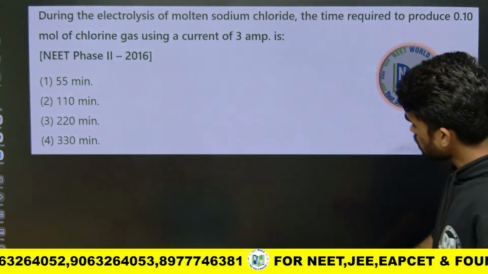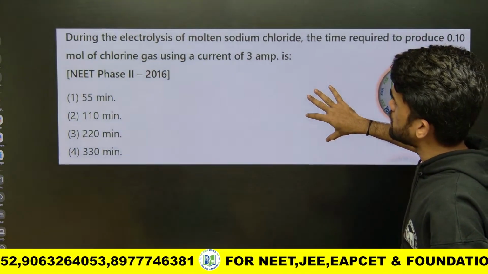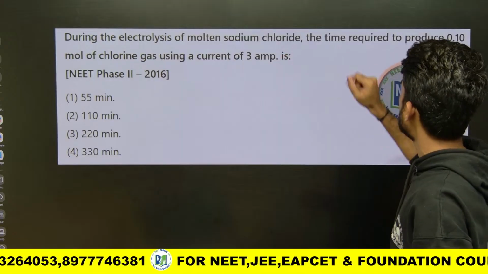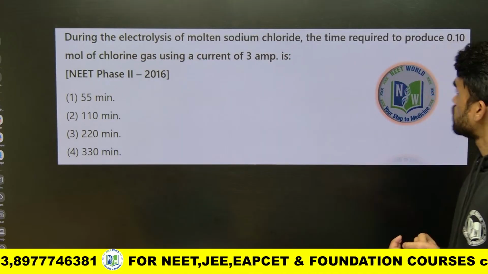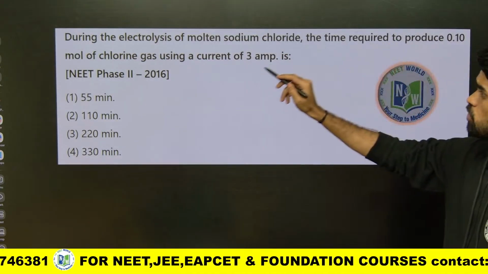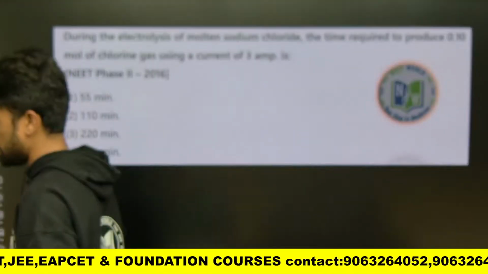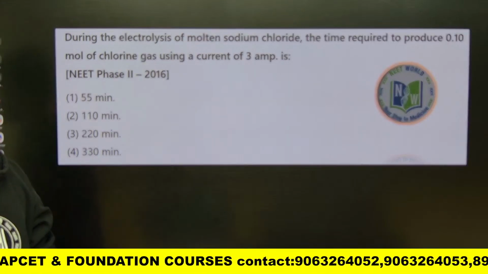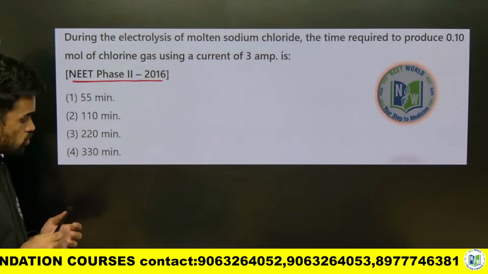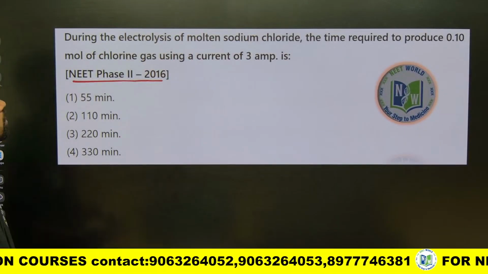Look here, during the electrolysis of molten sodium chloride, the time required to produce 0.1 mole of chlorine gas using 3 amperes of current. So you can get an approximate answer, not exactly, at least approximate we will get. Okay, see, this is a NEET 2016 question. So how can we do this?